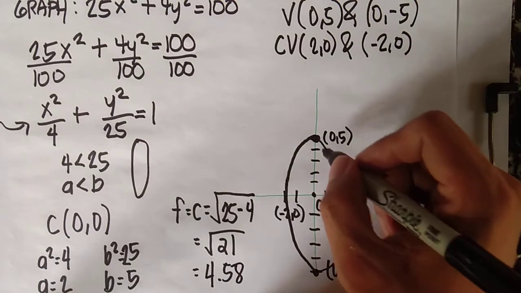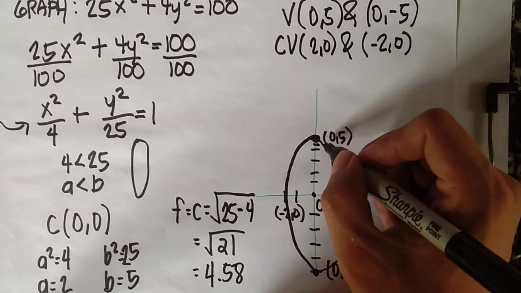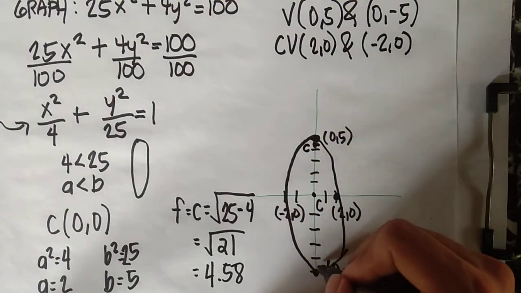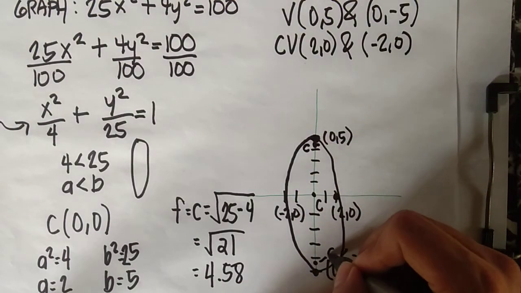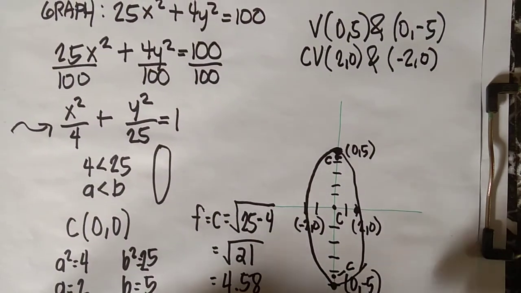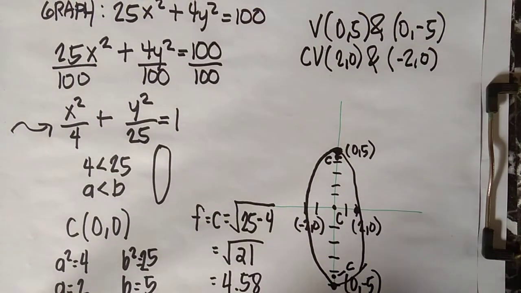So roughly, yung ating foci will be halfway ng 4 and 5. So dito yung point na yon, let's have yung C. And then dito, let's have your C. And that's how you graph an ellipse on a standard form.